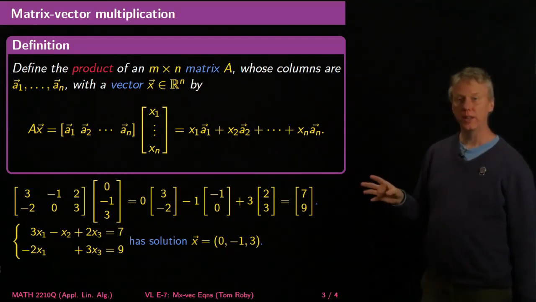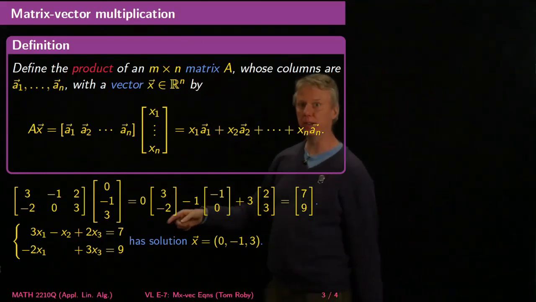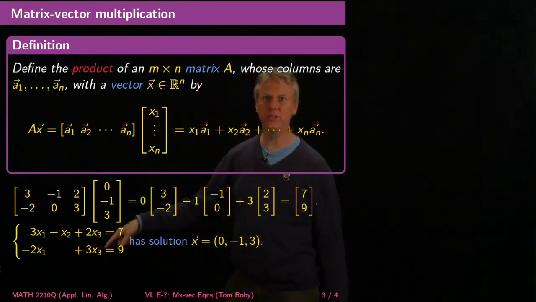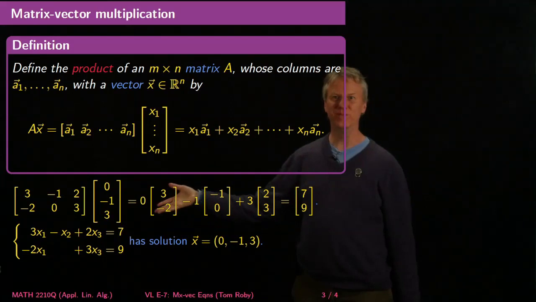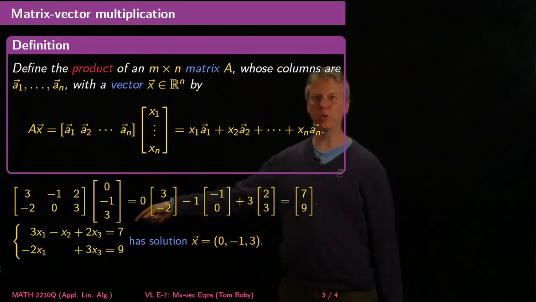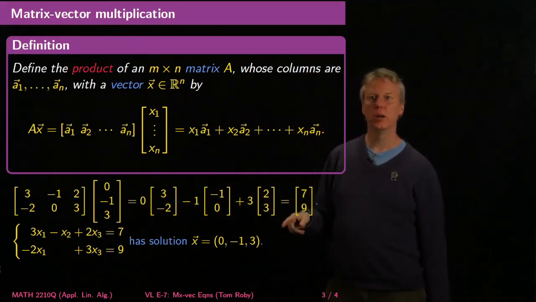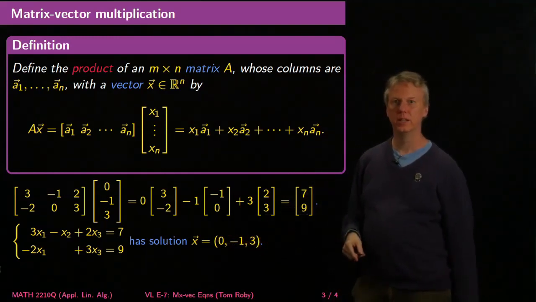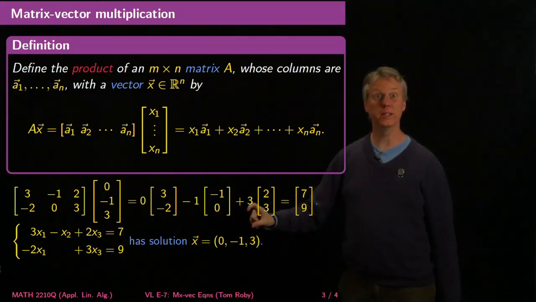Of course, this matrix also corresponds to a system of equations. This is the coefficient matrix for this particular system of linear equations. What I'm really saying in the equation I just wrote down is that if I want to solve this system of equations equal to (7, 9), which is the output here, my x1, x2, x3 should be 0, negative 1, 3. Sometimes we'll write it as a row vector just for space reasons, but usually we'll write it as a column vector.